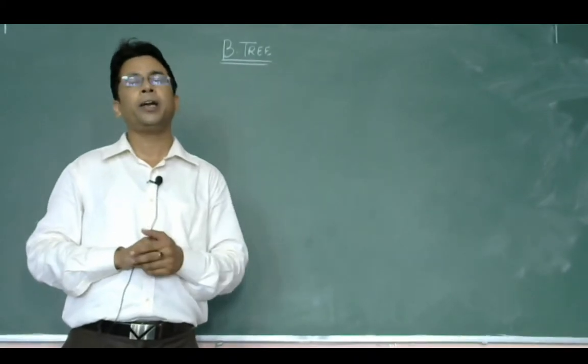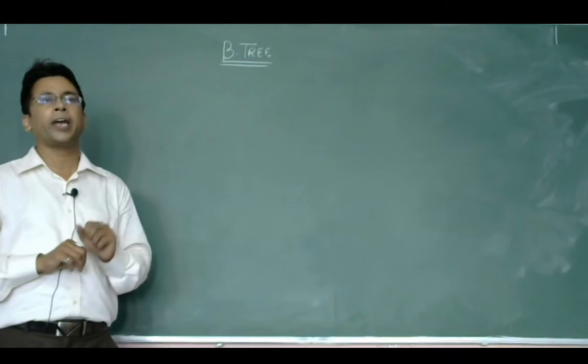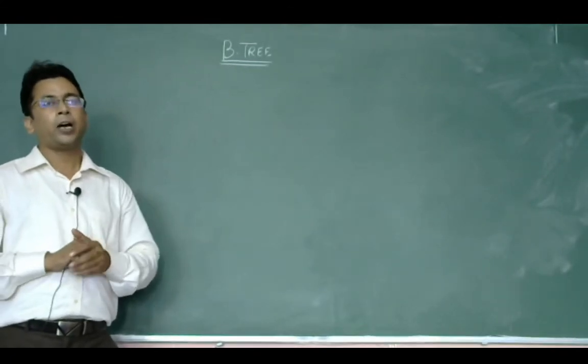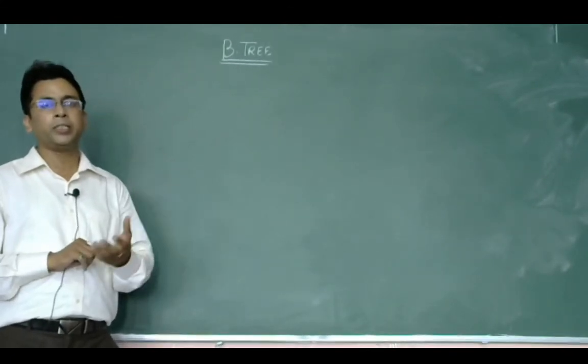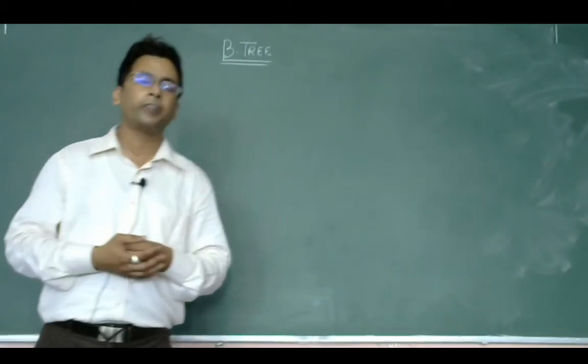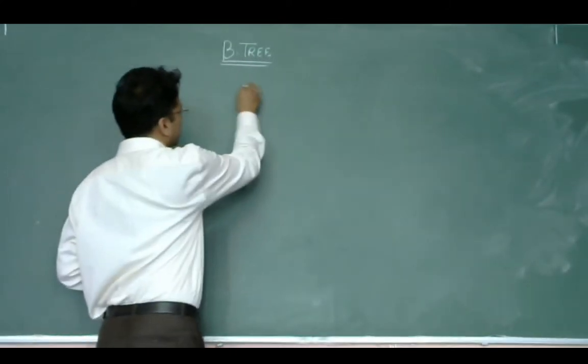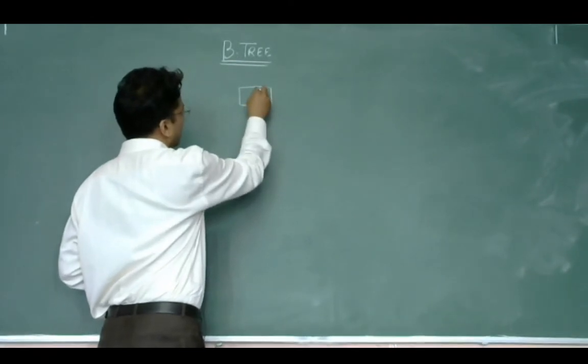So in comparison to a binary tree where a node can have only two children, here a node can have t number of children. I am going to discuss what is t and what is the relation between the number of pointers and the number of children after that. So for example, in a B tree a root node may have a single data.